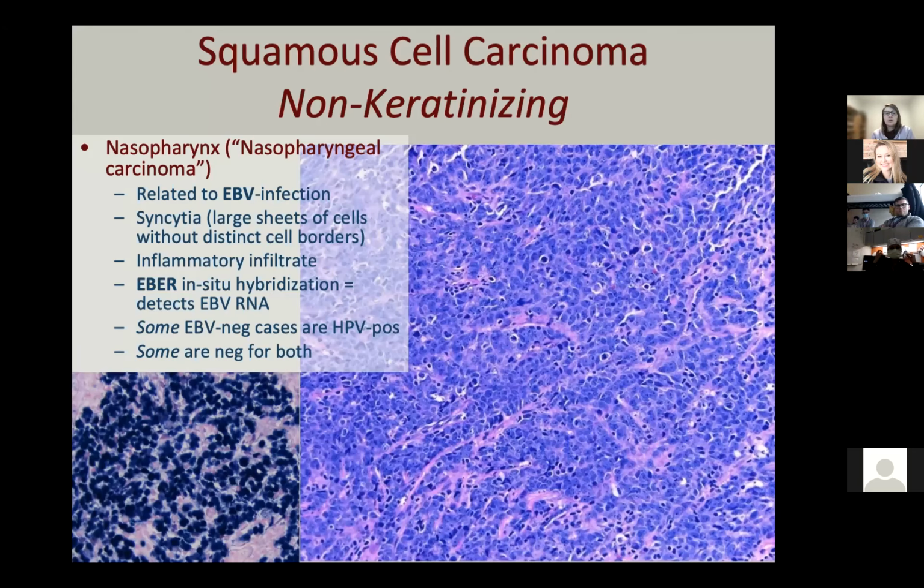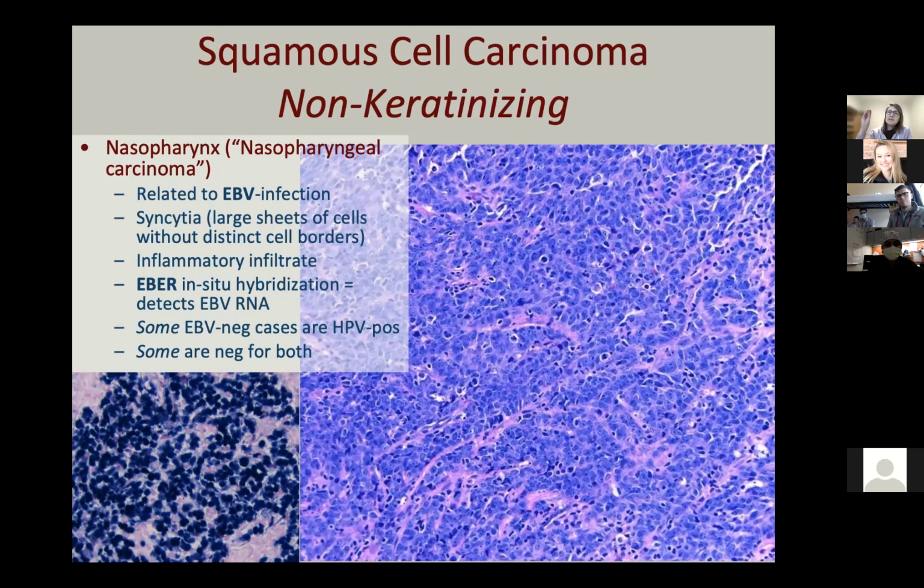One word, I know it's late, I apologize. One word on the EBV. EBV to me is the correlate of HPV oropharynx, EBV nasopharynx. Similar morphology, viral integration. In these cases, we generally do EBV in situ hybridization, as you can see here on the bottom left. There are very rare cases in the nasopharynx that are EBV negative that may be HPV positive.